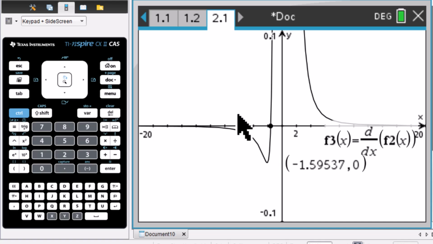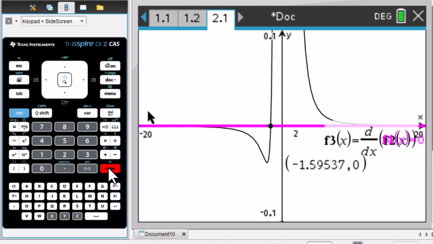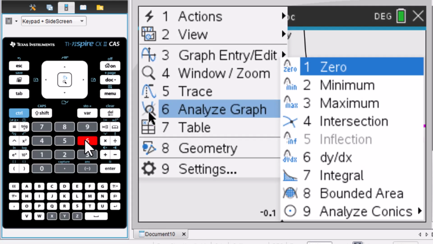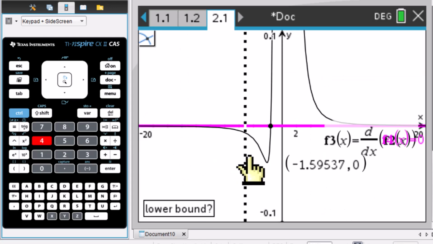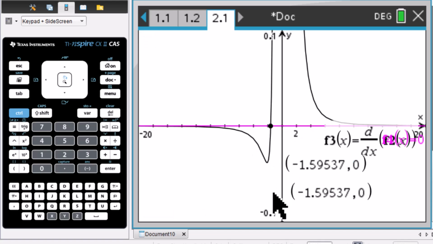Sometimes, if your calculator cannot get this, normally we go to tab, put in 0, then enter. Go to menu again, 6, then go to 4, intersection. In this way, it's easier to get this x-intercept.